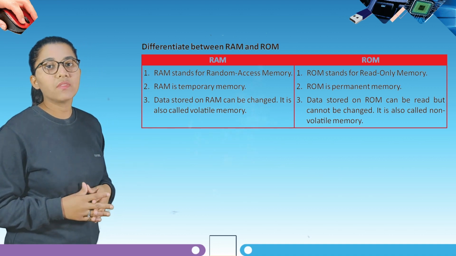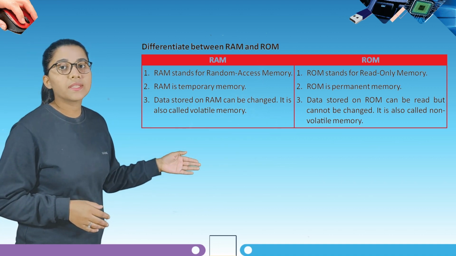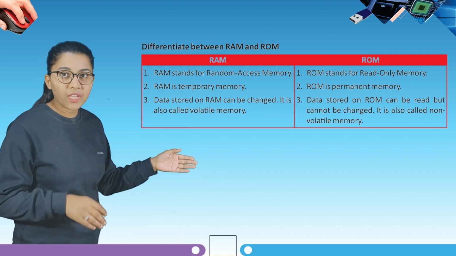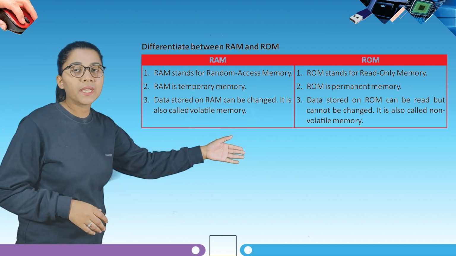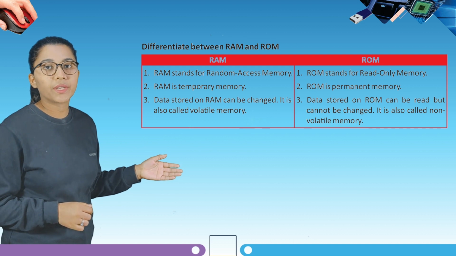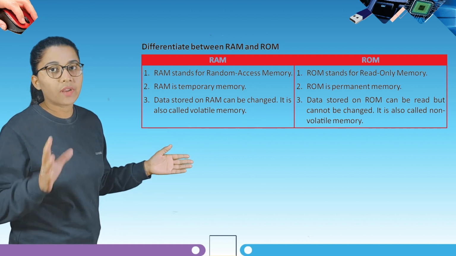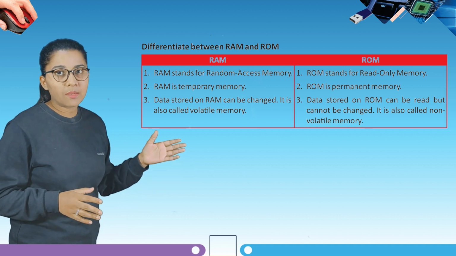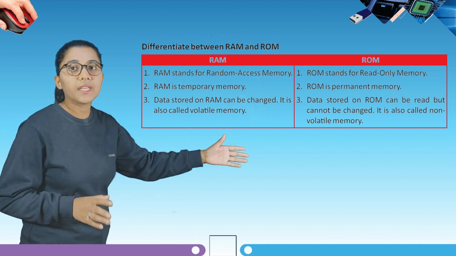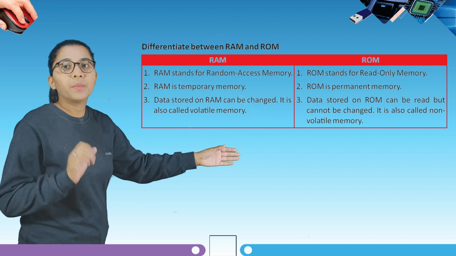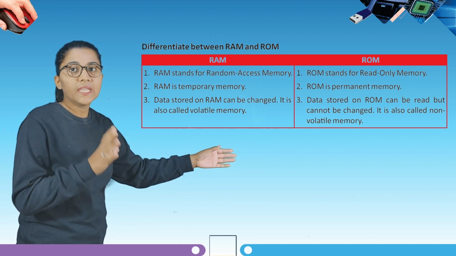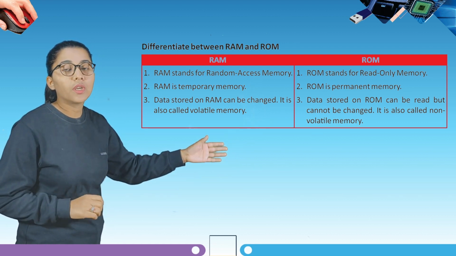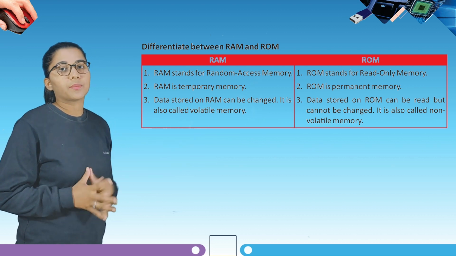Next, RAM is a temporary memory, whereas ROM is permanent memory. Third, data stored in RAM can be changed. It is also called volatile memory, whereas data stored on ROM can be read but cannot be changed. It is also called non-volatile memory.